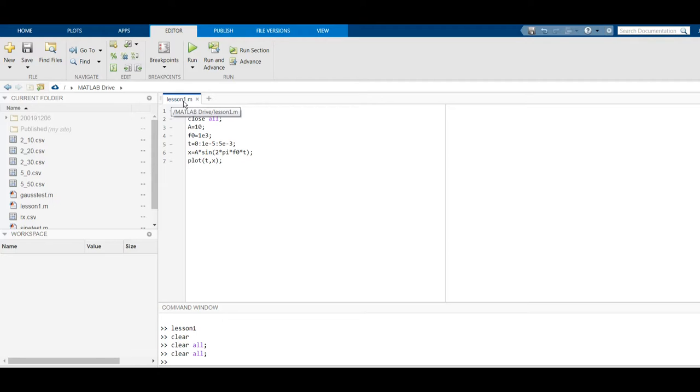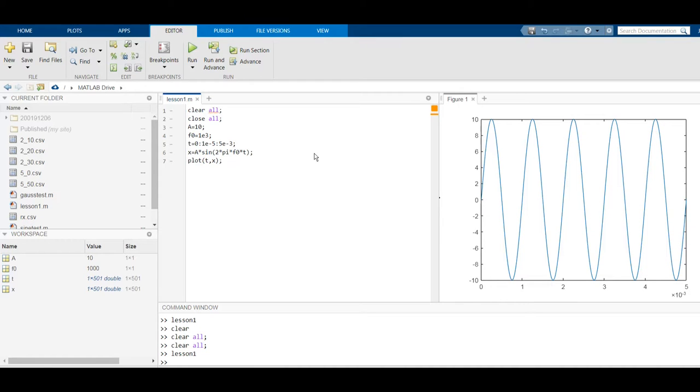So I am going to run this. When I run, here goes our first sine wave. You can see a beautiful, nice sine wave with how many cycles? 1, 2, 3, 4 and 5 cycles.